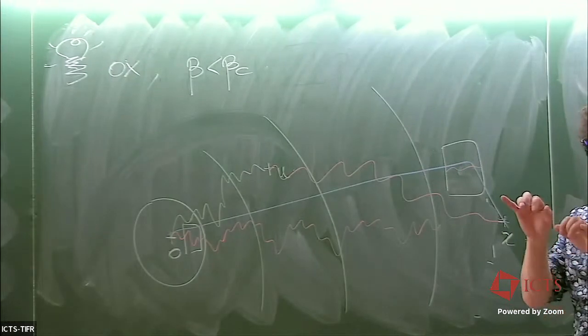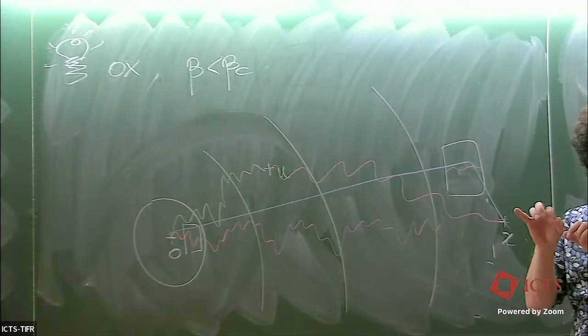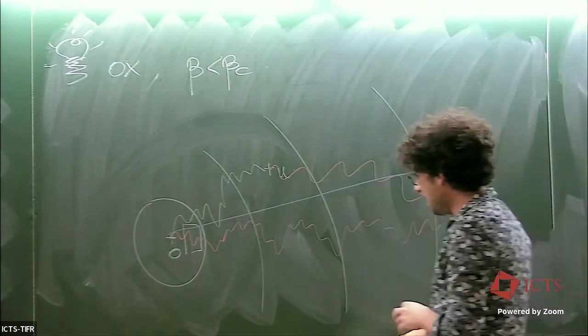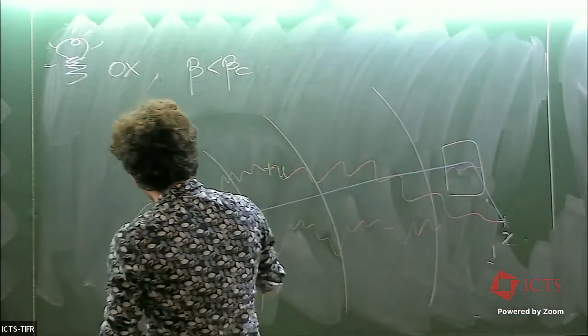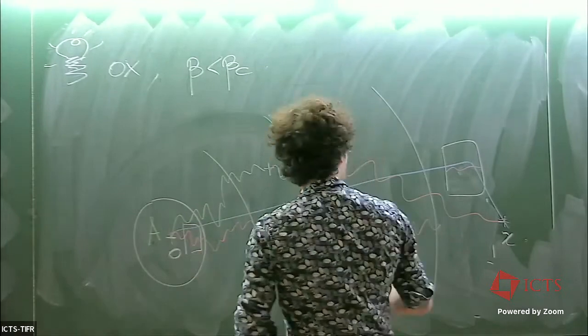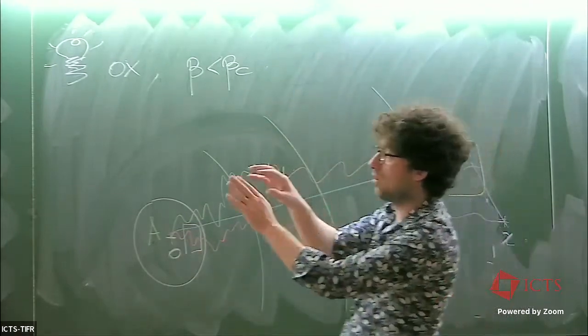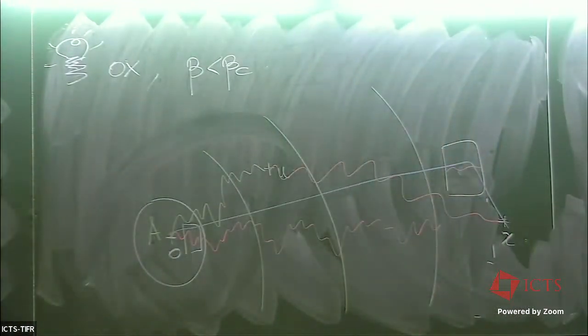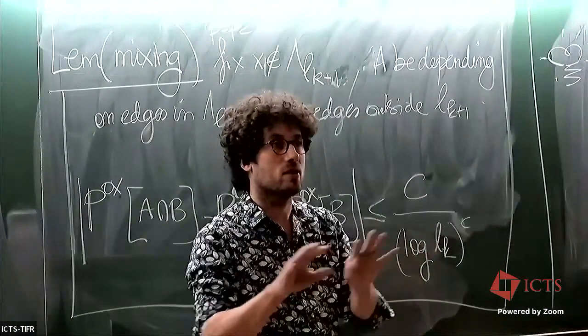So now, if in the switching lemma you do things smartly, what you are going to manage to do is that the event A is going to only depend on the first current, and you are going to switch the event B. So before we had only one current, right? You start with one current, you add a second current. If you do the switching smartly, you can switch the event B to the second current. And then things decorrelate because they are not in the same current.